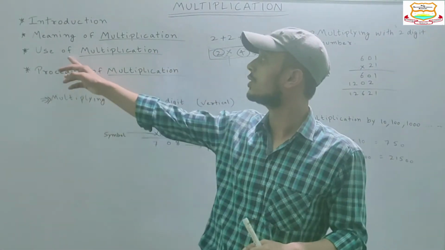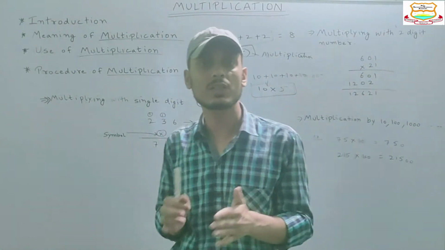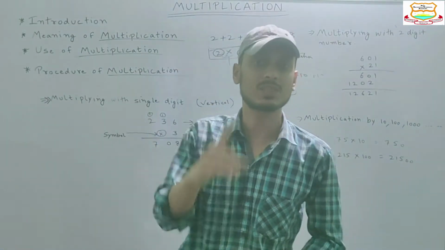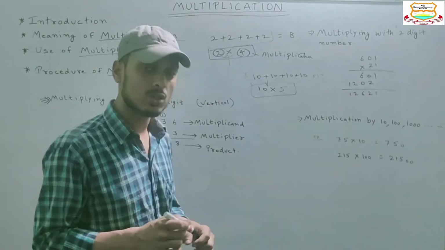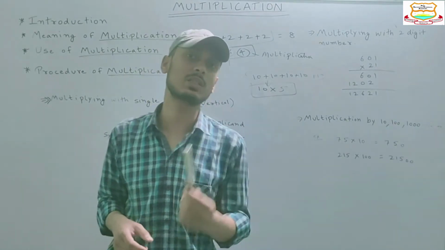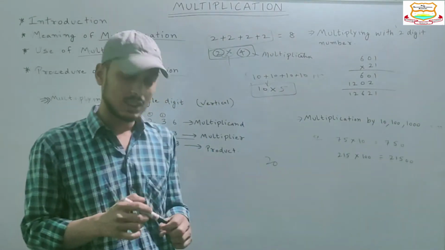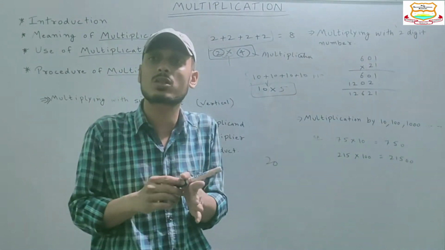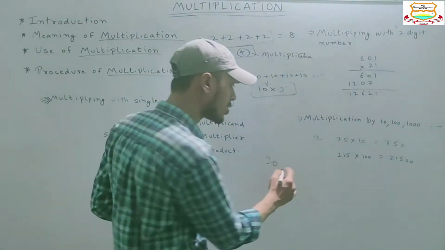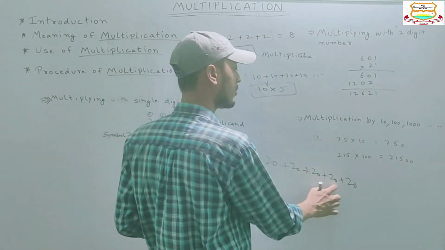So we were discussing use of multiplication. Multiplication is used in that case in which some particular digits need to be added again and again. For example, suppose the cost of this marker is rupees 20. If I ask you what is the cost of such 5 markers, then you need to add 20 plus 20 plus 20 plus 20 plus 20, means 1, 2, 3, 4, 5.